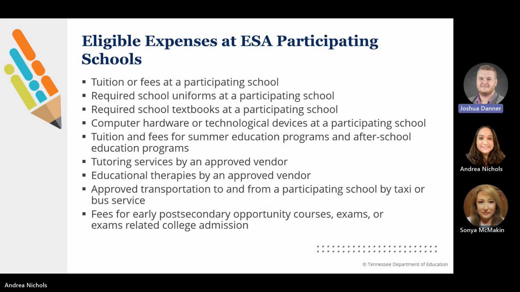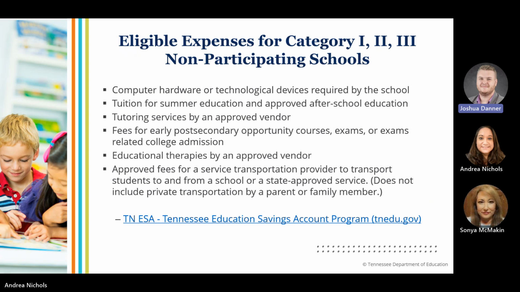Please note, school registration fees and enrollment fees are not allowable use of ESA funds. The list of allowable fees is also located in the Family Handbook located on the ESA website.